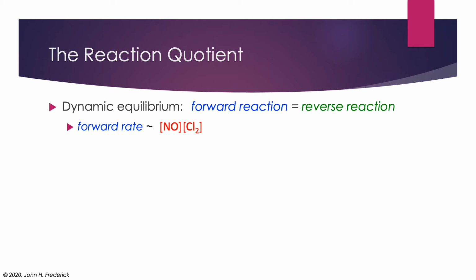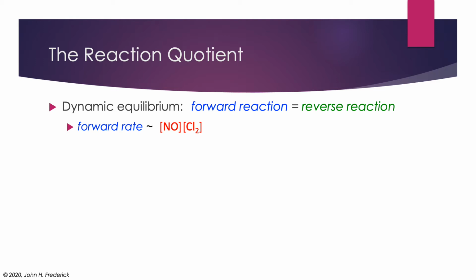And that is, when we have two molecules that have to collide in order to react, in some sense, the frequency with which they're going to collide is going to be proportional to their concentration in the solution. So if both of them are very concentrated, then there will be a lot of collisions and the rate will go fast.